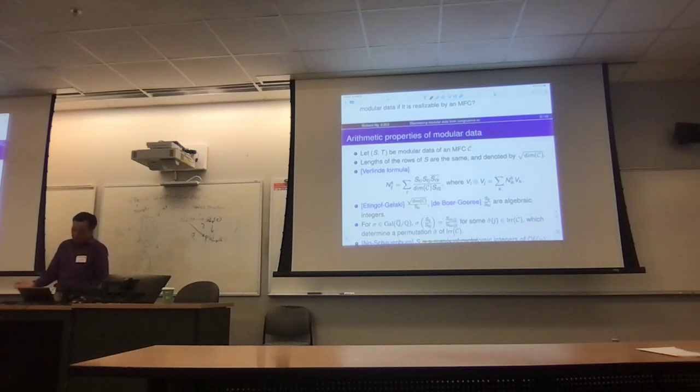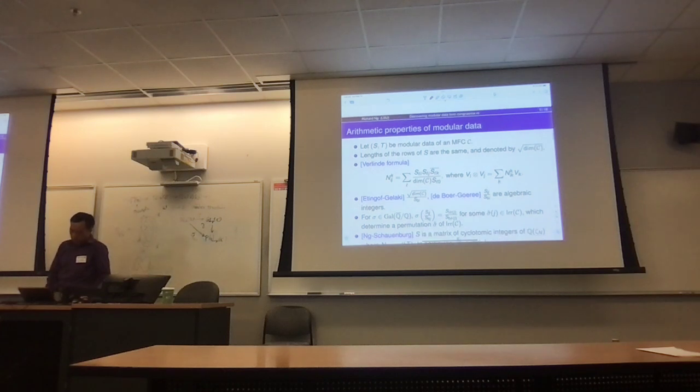Take S and T to be the modular data of an MFC, which is just defined, not rigorously, but I hope you get some idea. There are two matrices that look like they give a representation, but they are not just an ordinary representation. The S matrix is a symmetric matrix, and the length of each row or column is the same.